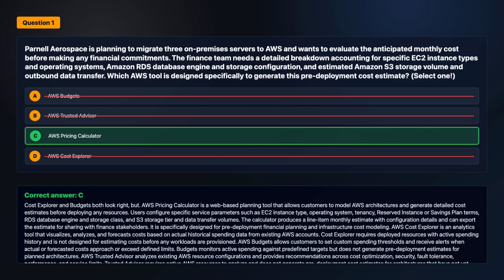Budgets monitors active spending against predefined targets, but does not generate pre-deployment estimates for planned architectures. AWS Trusted Advisor analyzes existing AWS resource configurations and provides recommendations across cost optimization, security, fault tolerance, performance, and service limits. Trusted Advisor requires active AWS resources to analyze and does not generate pre-deployment cost estimates for architectures that have not yet been deployed.